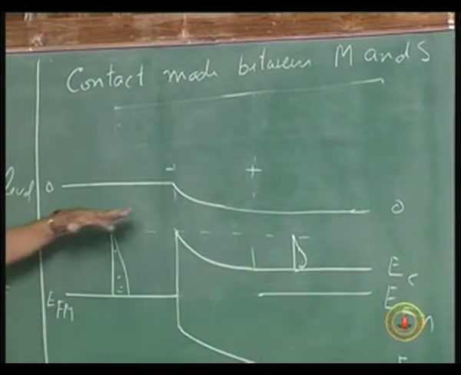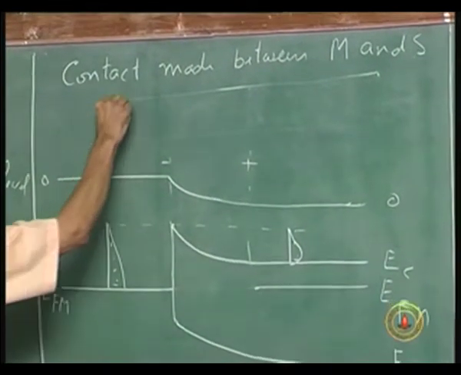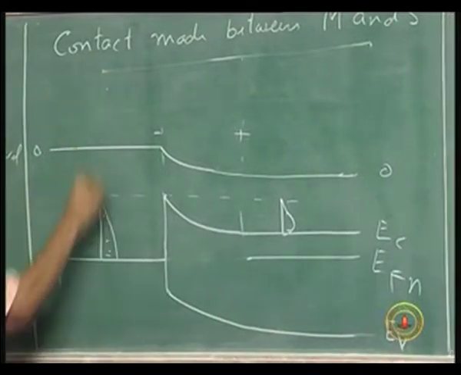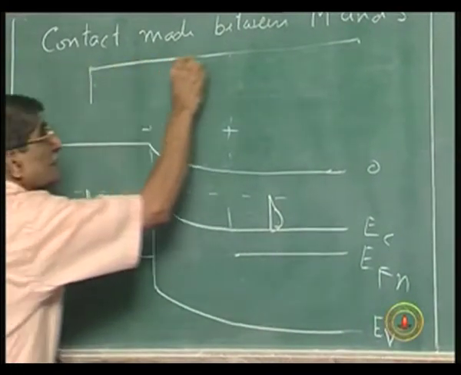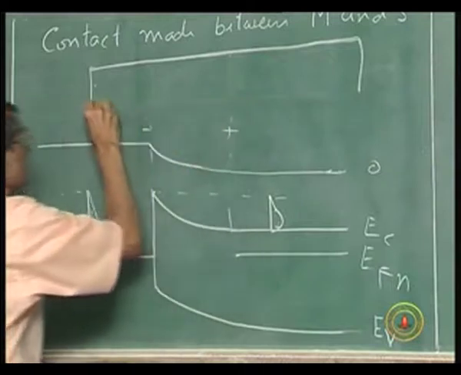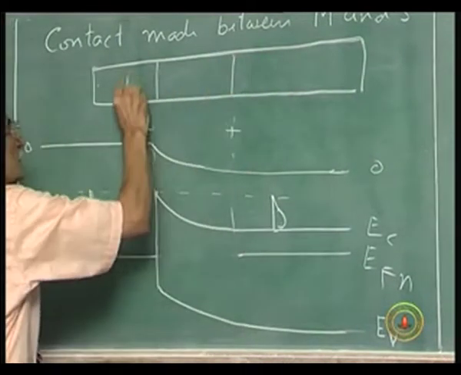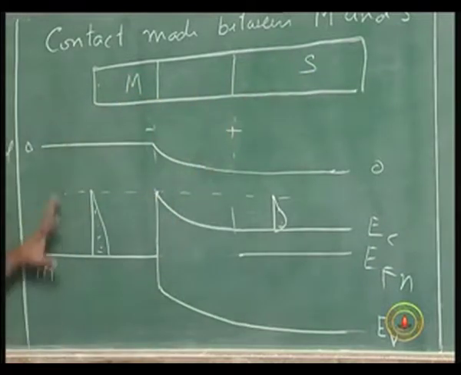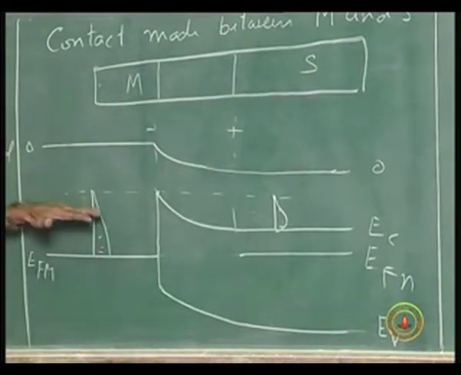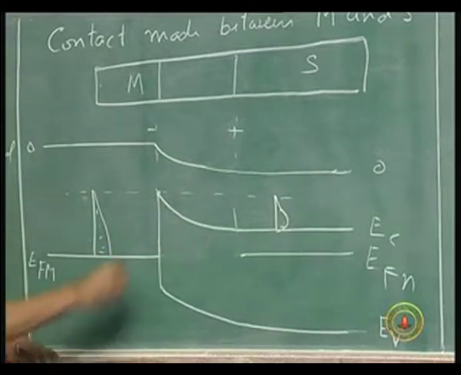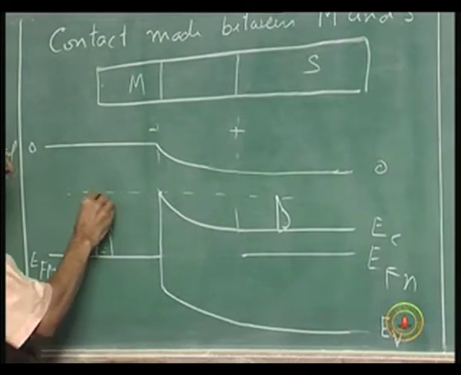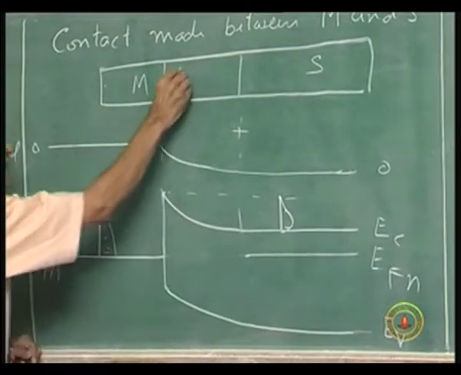Now, when I apply a reverse bias to this junction, I think I could have retained the diagram, sorry. So, let me redraw that here, keep it to the metal and semiconductor, because this diagram comes only here. So, now if I apply a reverse bias, this is the thermal equilibrium condition.